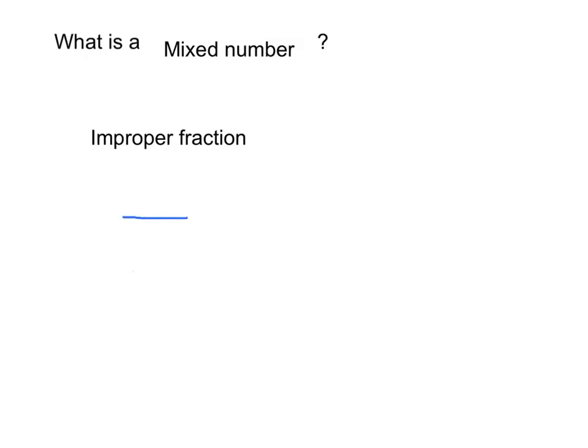Now we're going to look at what is an improper fraction and what is a mixed number. Let's start with an improper fraction. An improper fraction is a fraction such that its numerator is greater than the denominator. So 30 over 6 is an improper fraction. Another example would be 20 over 4.